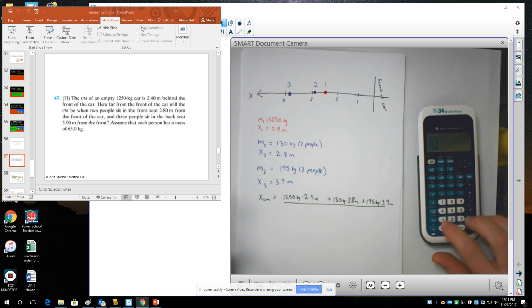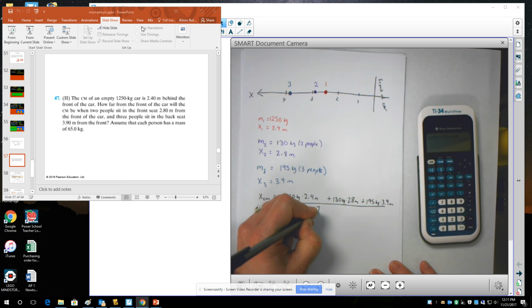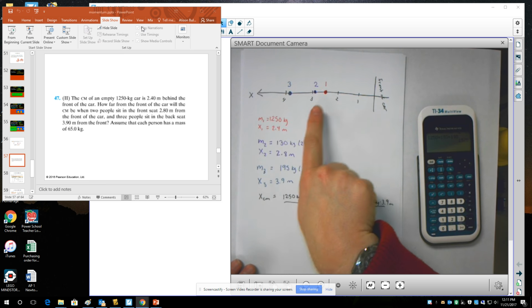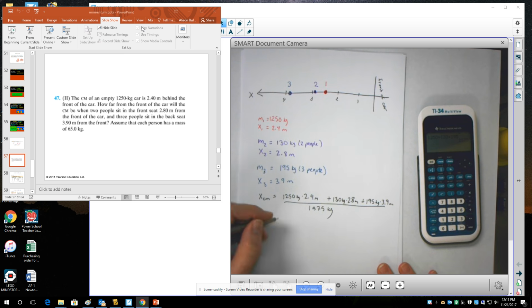So 1250 plus 130 plus 195. All right, so 1,575 kilograms. And of course, we're going to expect the center of mass of the system to be closest to the largest, most massive thing. It should be closest to my red dot at 2.4 meters.